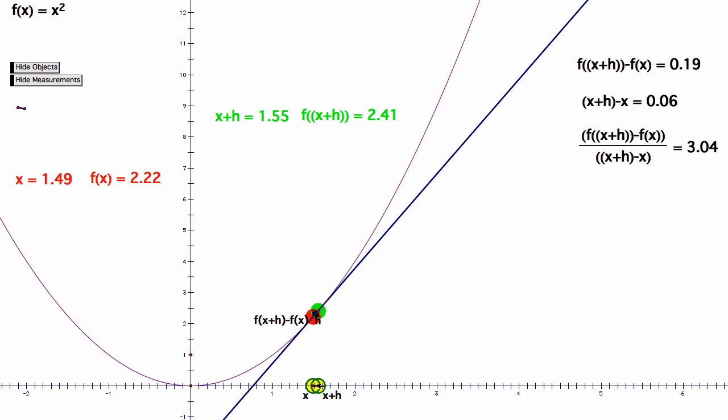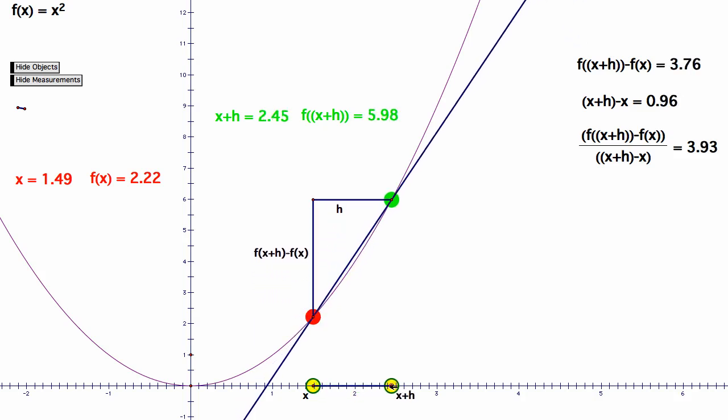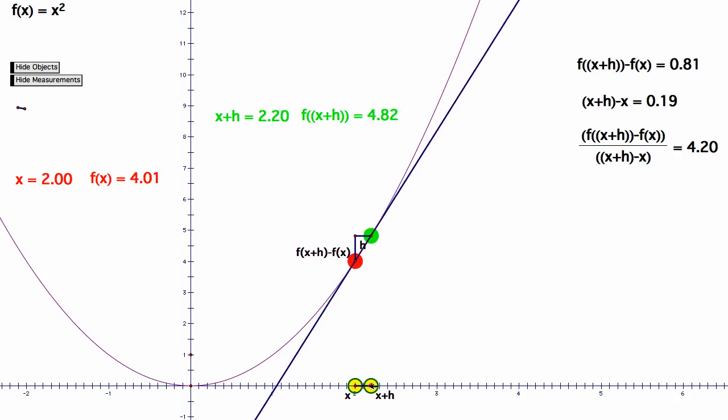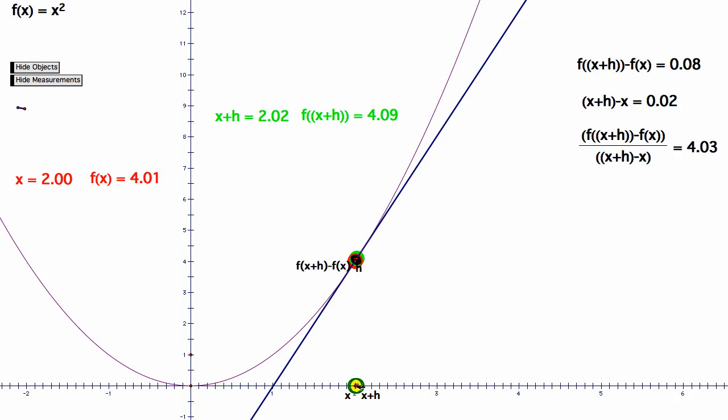So let's go ahead and calculate the derivative of this curve at 2. Let's see what our curve says. It's estimating it to be right around 4. So how did it get that? Well, we're calculating the derivative at a very specific value for x. We're going to let x equal 2 in this case.